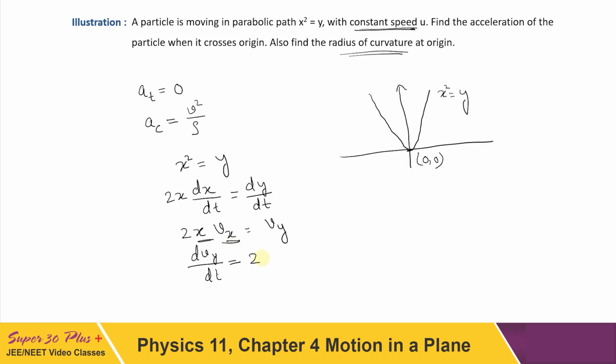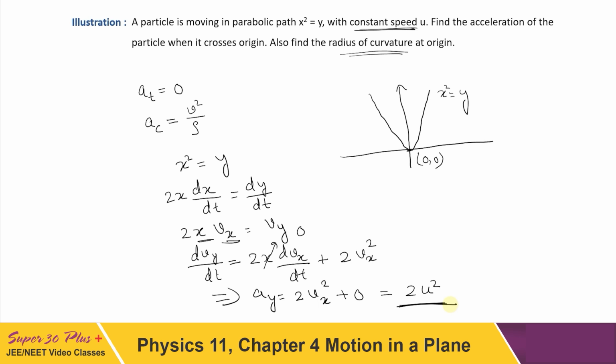It will be 2x, which I have taken as constant, times dv_x/dt, and then 2 times dx/dt into v_x, which is v_x itself. So we got square of v_x. From here it can be written as a_y is equal to 2v_x square plus 0, because it is asking for acceleration at origin, so this x will be 0, and at origin it had started with velocity u, so v_x has to be equal to u, which is our answer, that is equal to 2u square.